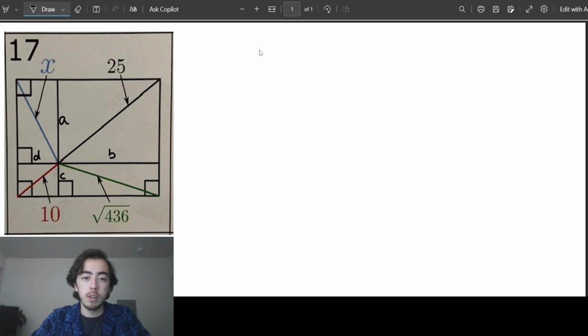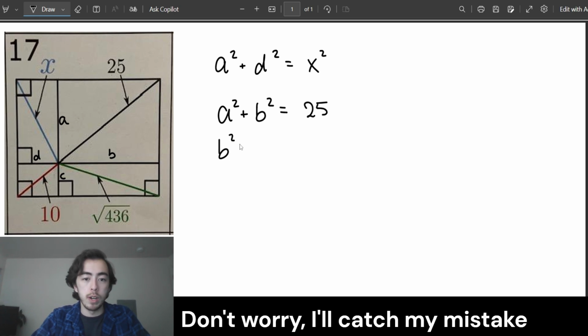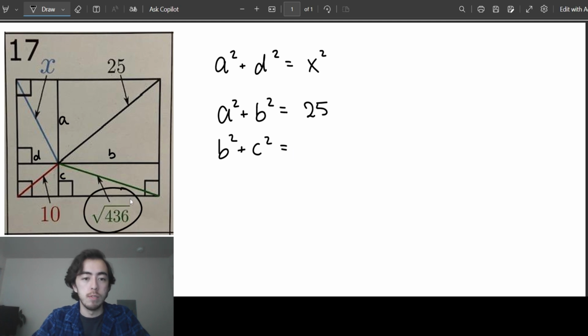So let's see, Pythagorean theorem just says that a squared plus d squared is going to be x squared. And then kind of going clockwise, a squared plus b squared should be 25. B squared plus c squared is going to be, well, it's this squared. Hold on, I think actually I did the 25 wrong.